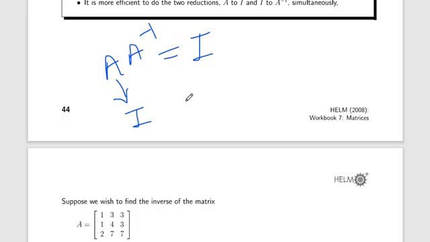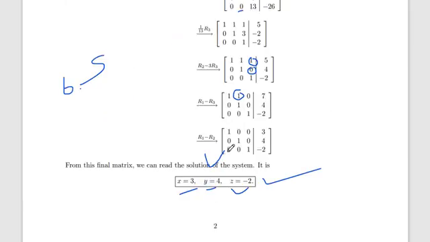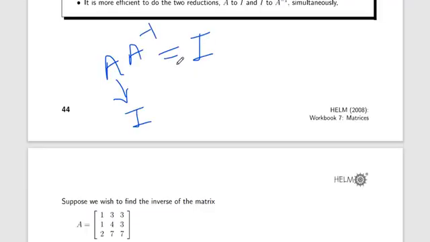Like in the previous method we have already seen, if the same operations R1, R2 are applied in the same steps to the identity matrix, then we get A inverse. Okay, same operation, same position.